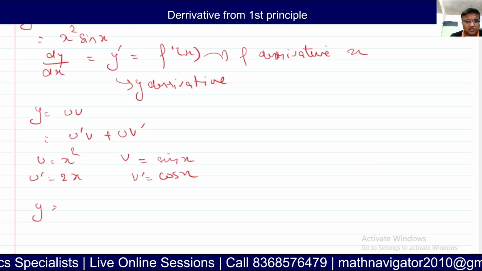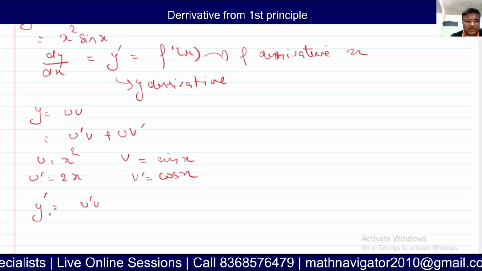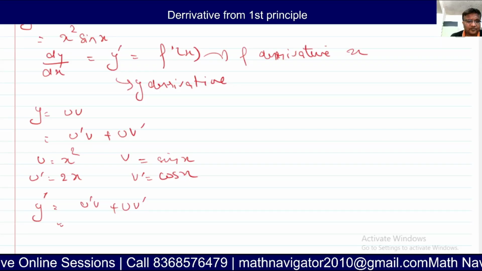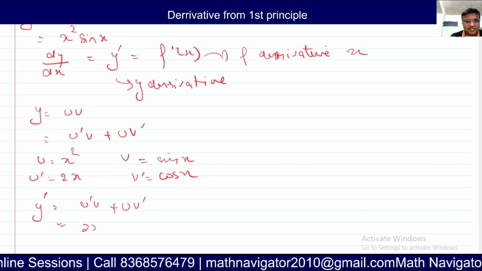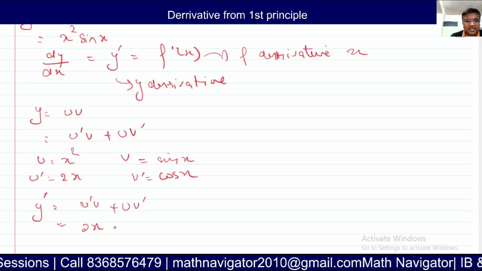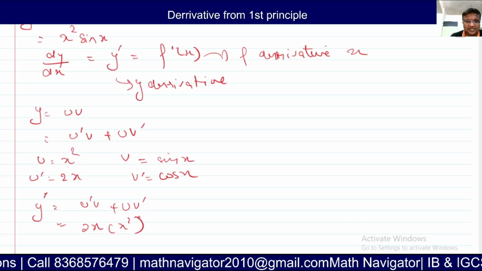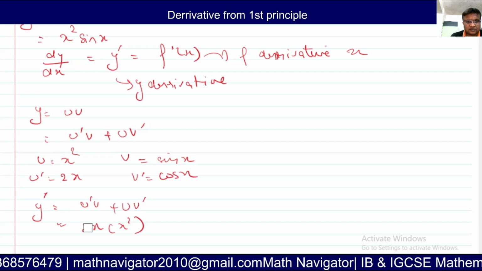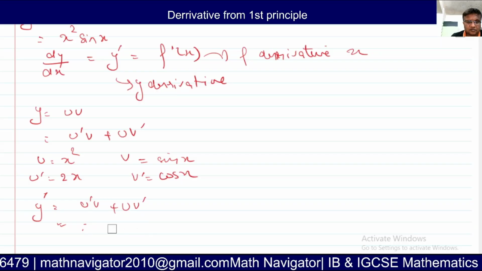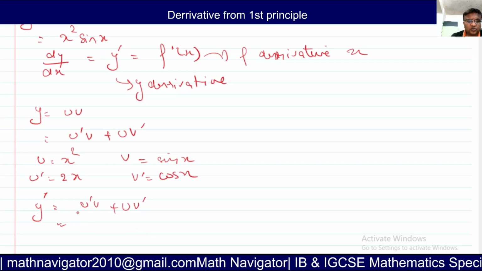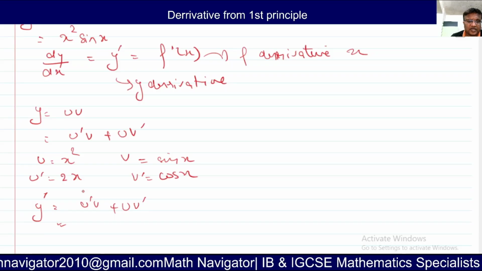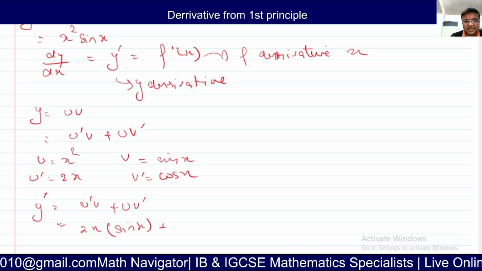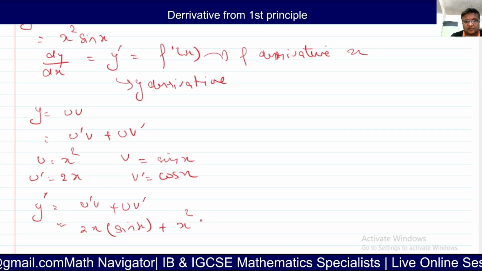So y derivative is equal to u derivative v plus u v derivative. So I sub it in. u derivative is 2x times v, sine x, plus u, that means x squared times cos x.